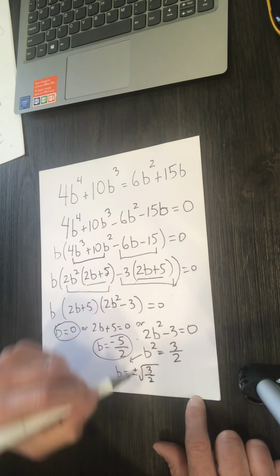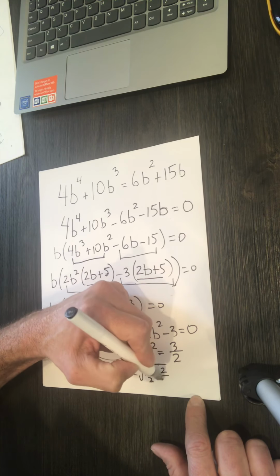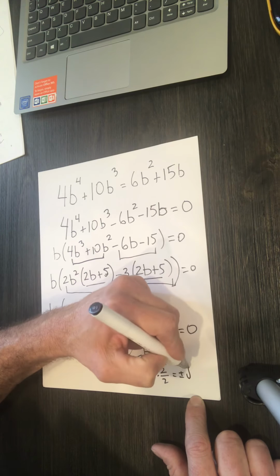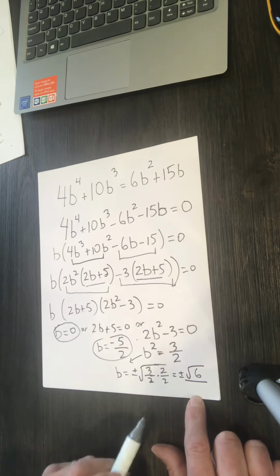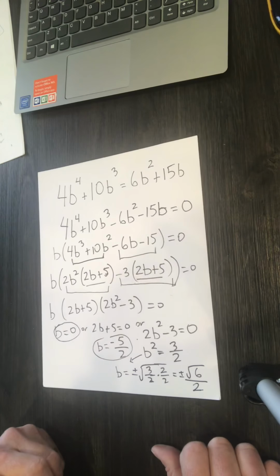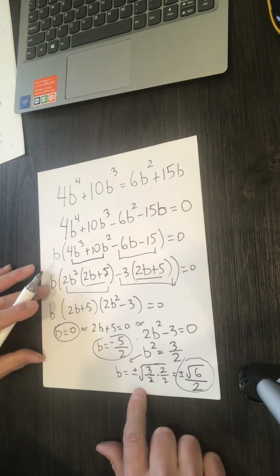Of course, we can rationalize the denominator by multiplying by 2 over 2. And that leaves plus or minus the square root of 6 in the numerator. The denominator is the square root of 4, but of course that is 2 because 4 is a perfect square. So there are our final two solutions.